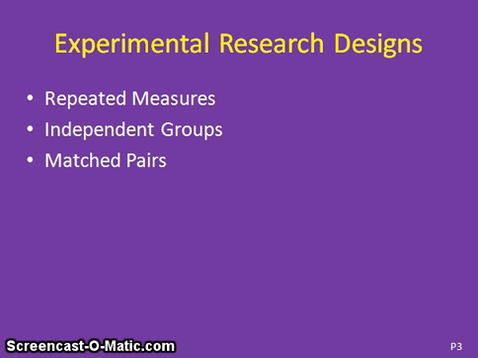This is a test that is carried out between two totally different groups of people, such as sports science students and maths students. And matched pairs, this is where tests are carried out on people that have similar characteristics. An example of this would be a test on someone from the first year of sports science and someone from the second year of sports science.